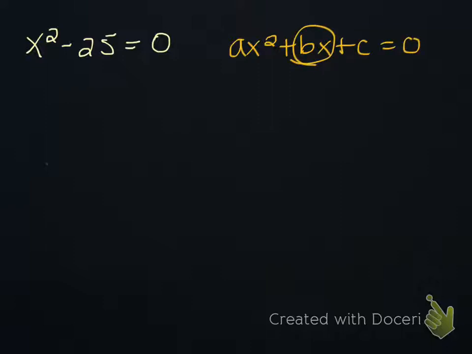And we don't have a bx. Remember, there's no rule that says b or c can't be 0. So in this case, we just have a bx where b is 0, and so the x term isn't written. That means that we can just solve this. It's written as standard as we can get it.